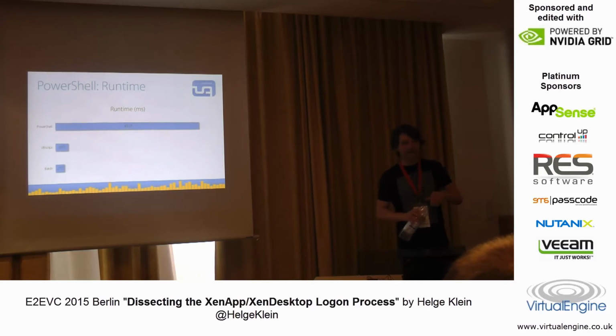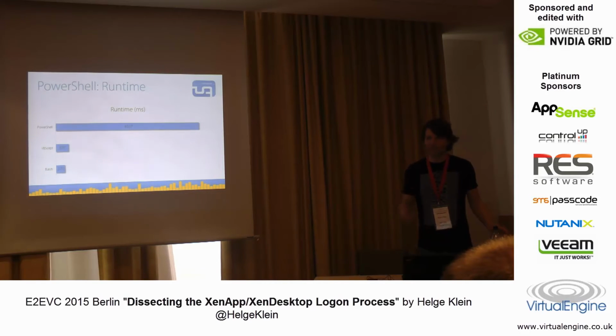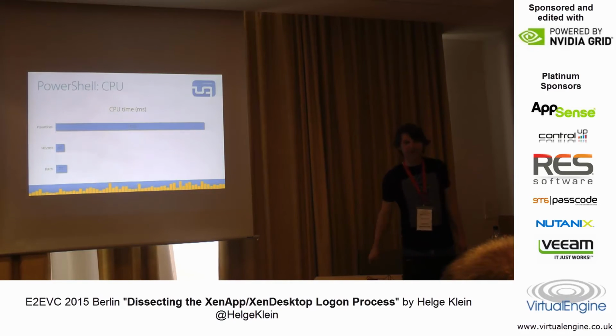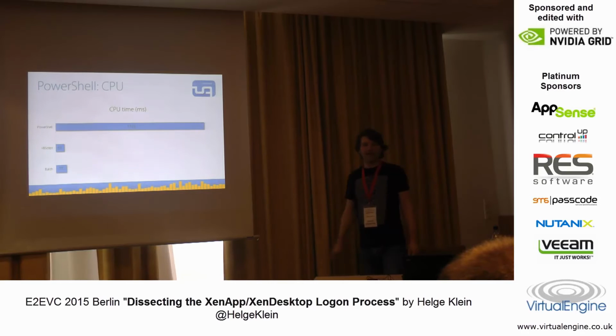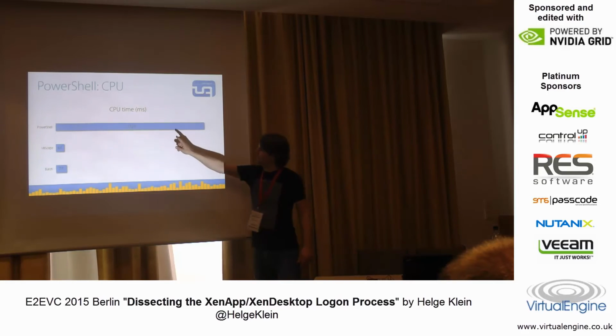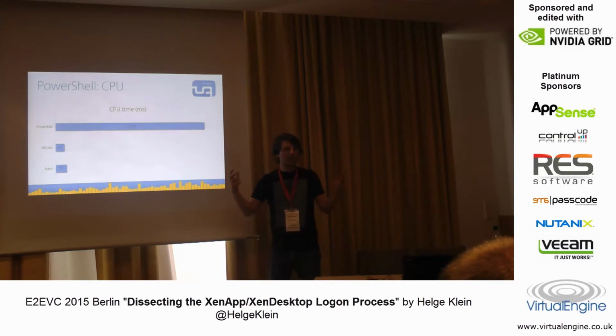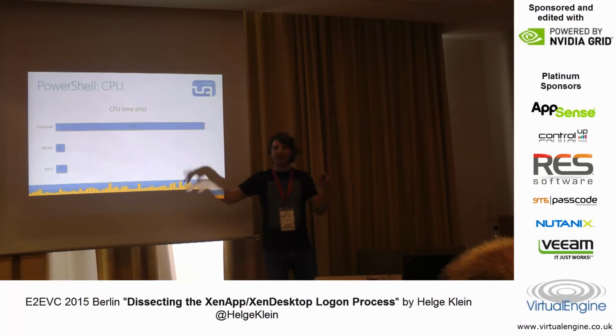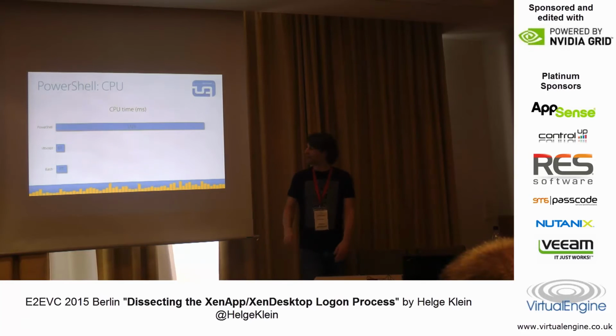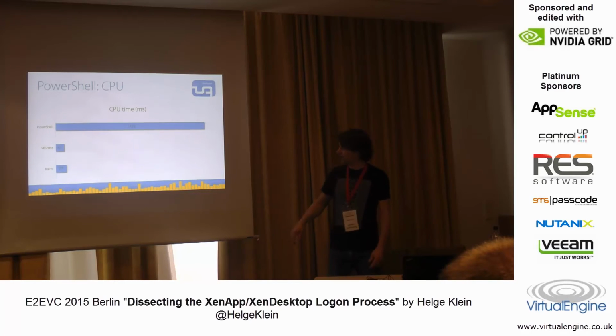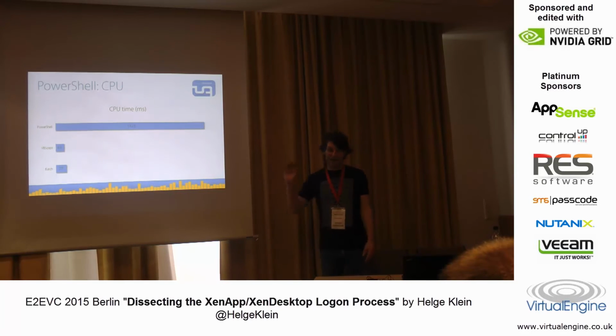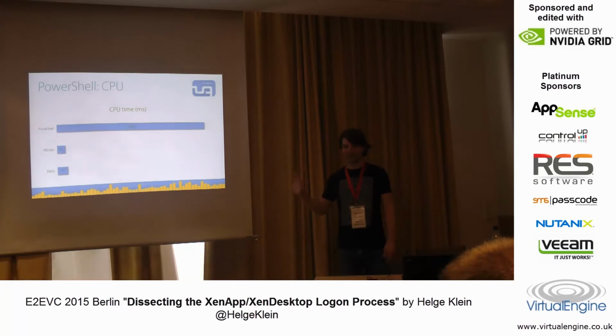Now let's look at the resource utilization. First, CPU usage. These are CPU seconds, so actual CPU time that this script eats and never gives back. PowerShell is a little bit less efficient than the other two.